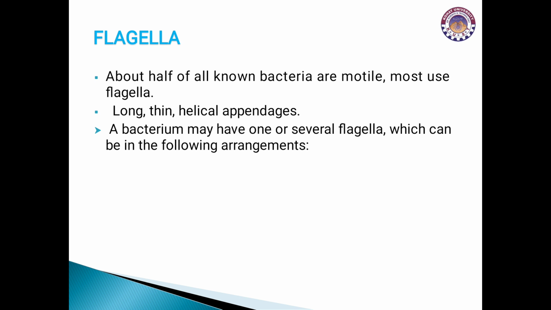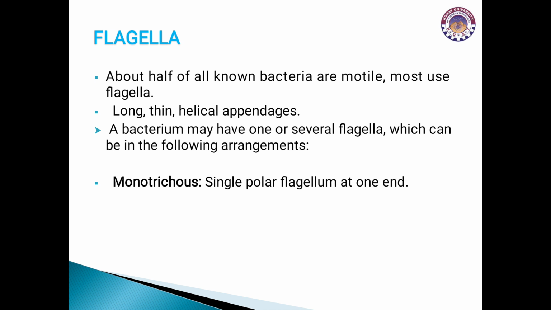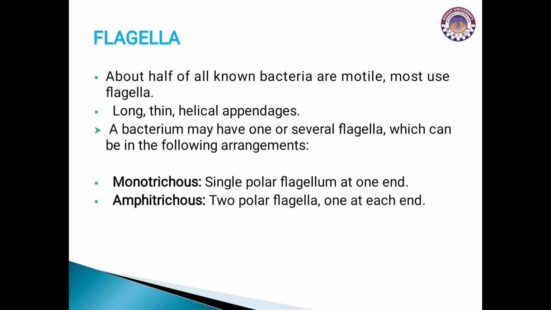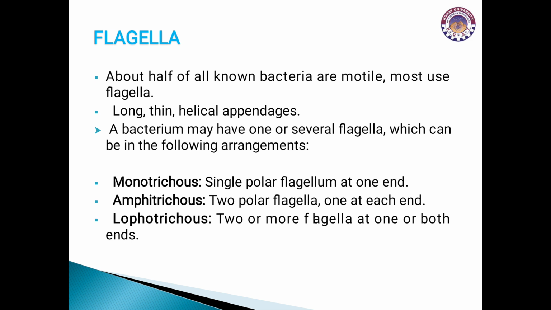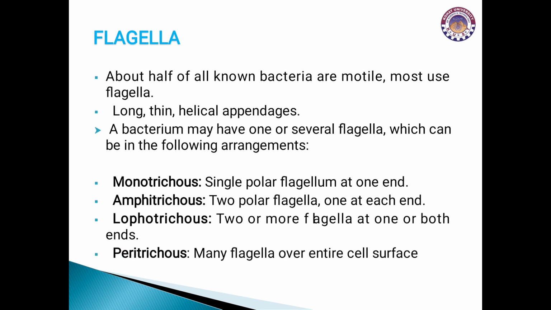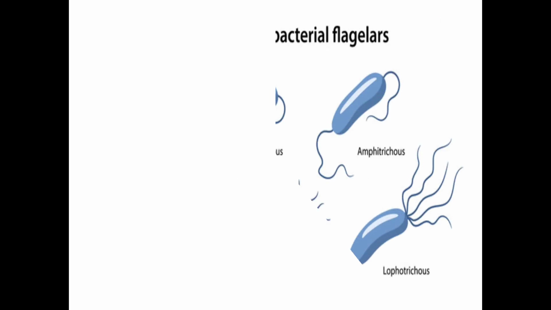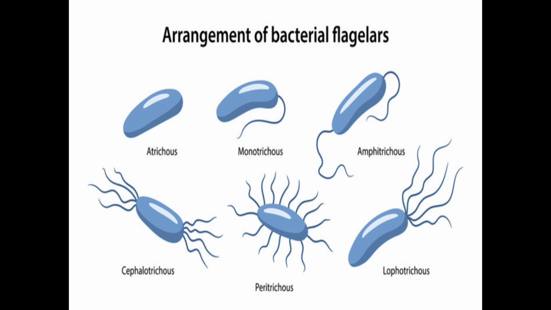A bacterium may have one or several flagella, which can be in the following arrangements: monotrichous, a single polar flagellum at one end; amphitrichous, two polar flagella, one at each end; lophotrichous, two or more flagella at one or both ends; peritrichous, many flagella over the entire cell surface. Now, these are different arrangements of bacterial flagella.